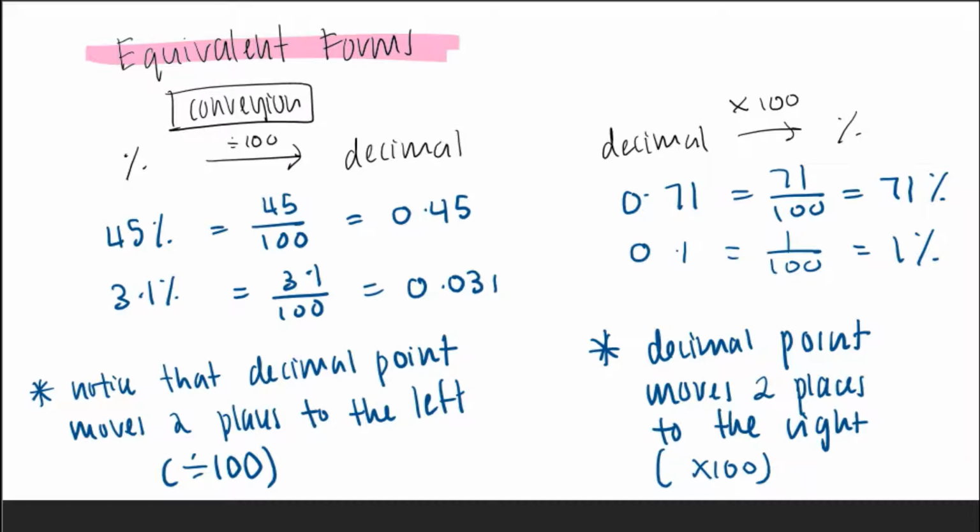So 45% is actually 45 over 100, which is 0.45. 3.1% is 3.1 over 100, giving you the decimal 0.031. And notice that the decimal point moves 2 places to the left when it's divided by 100. And when you convert decimal to percentage, you multiply by 100, and the decimal point moves 2 places to the right. So moving to the right is times, and moving to the left is divide.